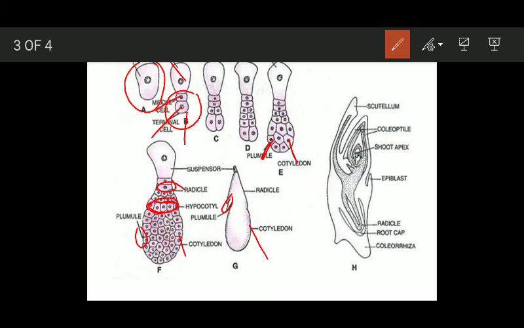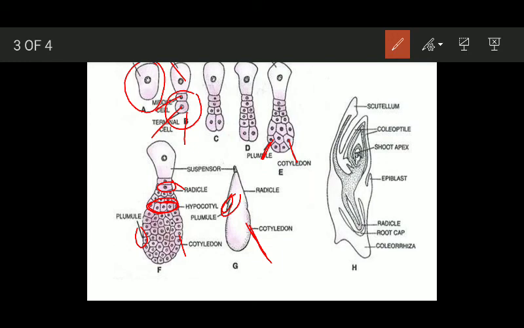So in the case of monocots, you can simply remember some important terms. We have a single large cotyledon known as the scutellum, and this single large cotyledon grows vigorously, grows rapidly and pushes the plumule to one side.